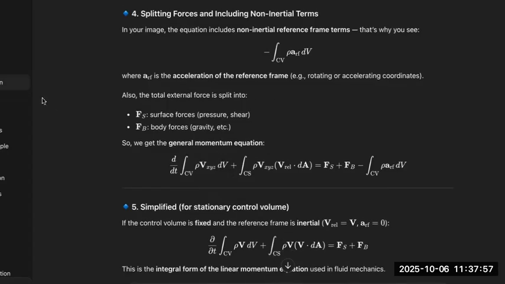So the general momentum equation over here is rho times v xyz times dV plus the integral of rho times v xyz times relative velocity dot dA.